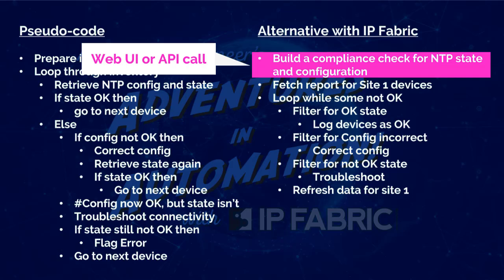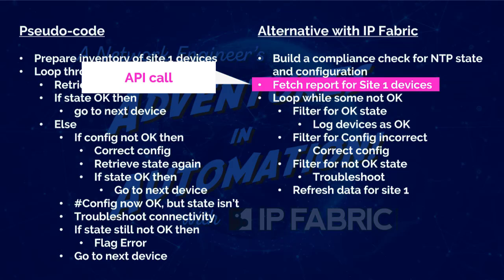We can build the compliance check in the web UI, or we can use an API call to build it if we should so choose. But essentially, once that's done, every time there's an update to the data, that report gets updated too. It's a very simple API call then to go and fetch that report for all of the Site 1 devices.